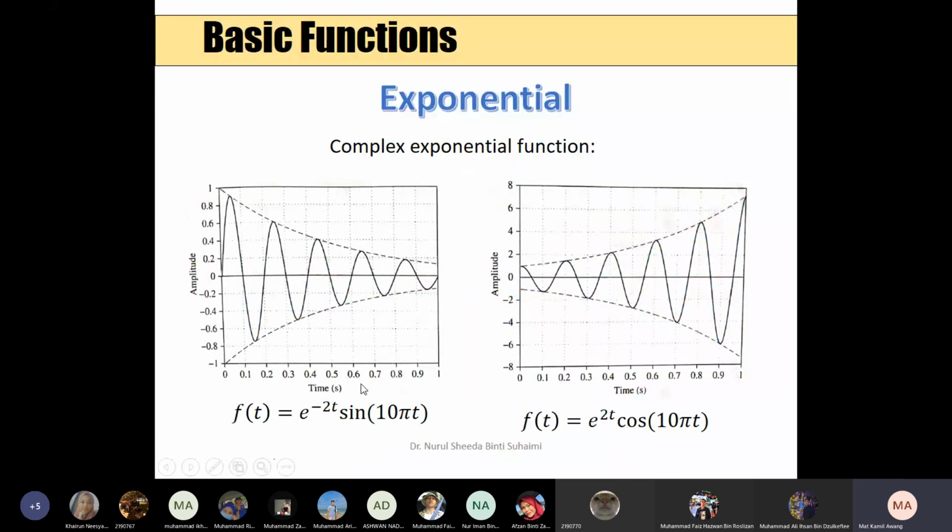The sine wave, sine 10 pi t, is decaying with the rate of e to the -2t. Whereas the next function, f of t is equal to e to the power of 2t times cosine 10 pi t, is a cosine which is growing at the rate of e to the power of 2t.